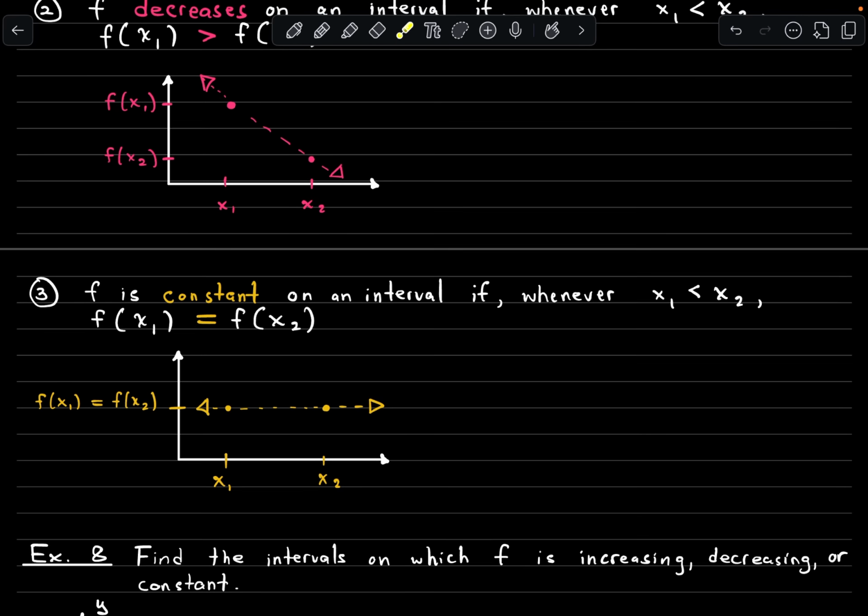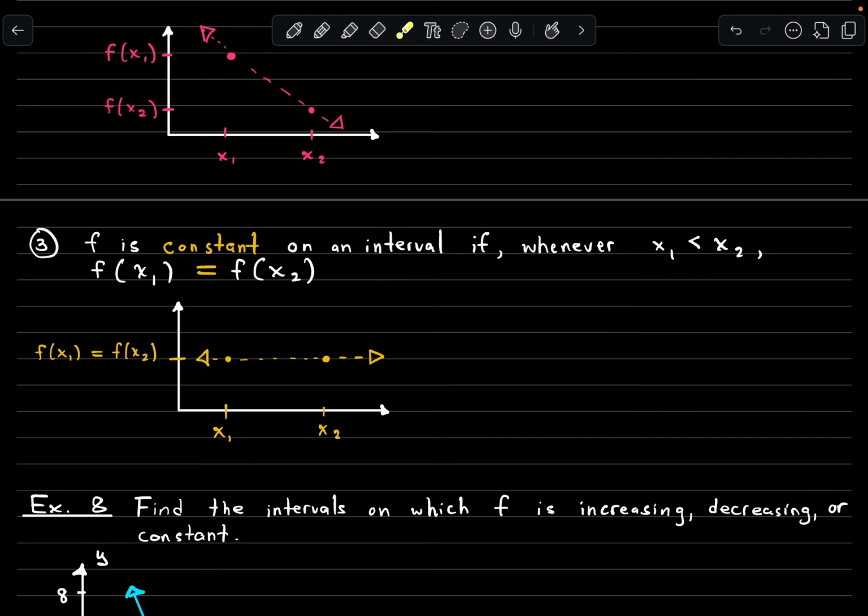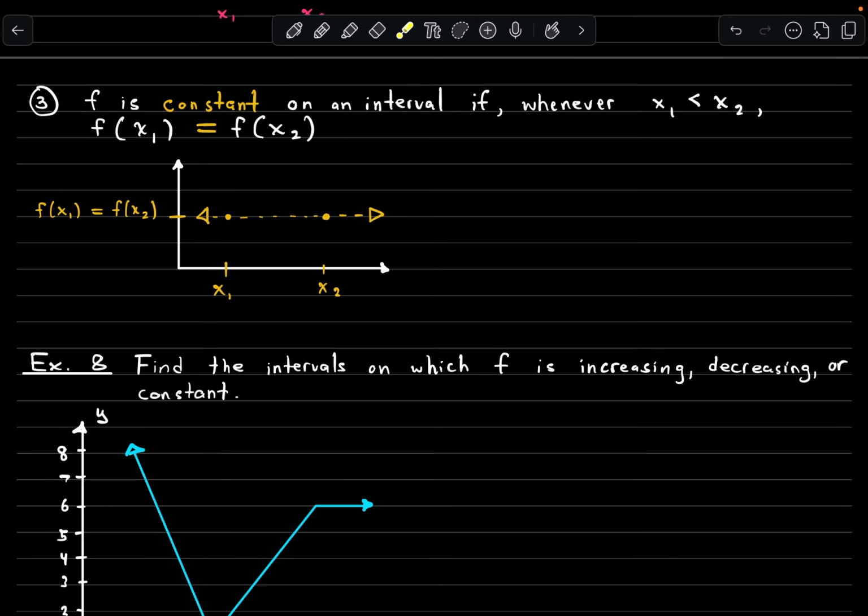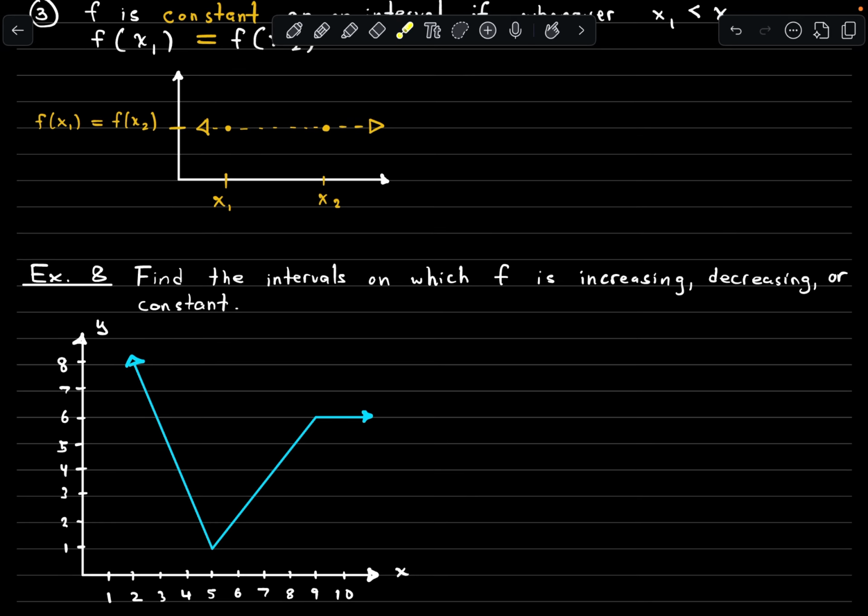All right, so example 8 says, find the intervals on which f is increasing, decreasing, or constant. So let's take a look at this graph. Okay, so we've got a little bit of a V shape here, and then our function becomes a horizontal line. So again, we're looking from left to right.